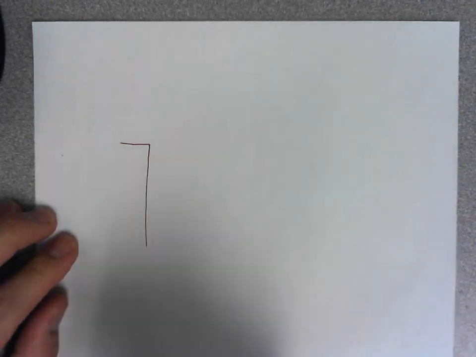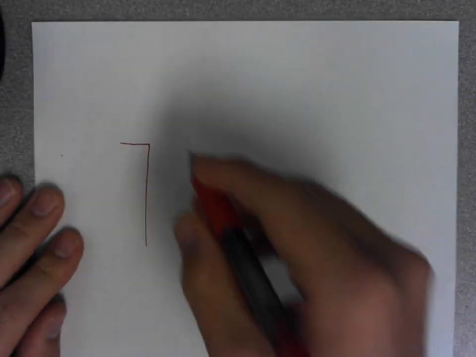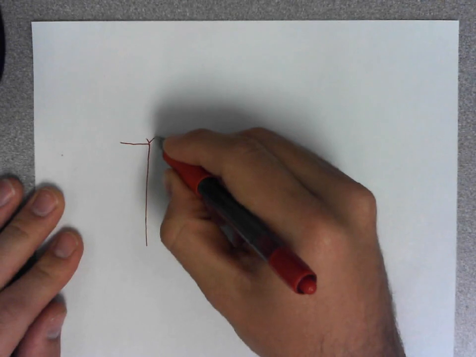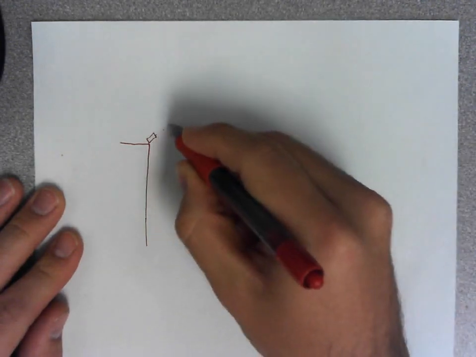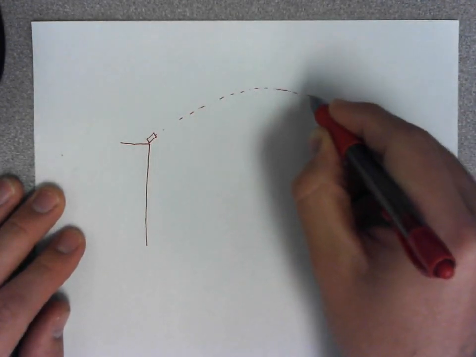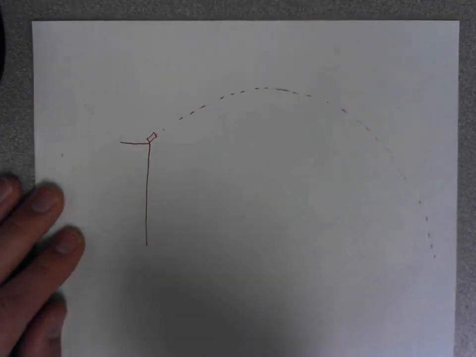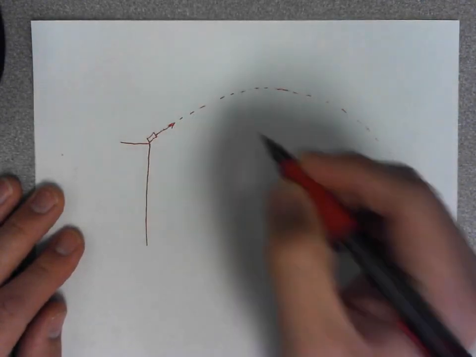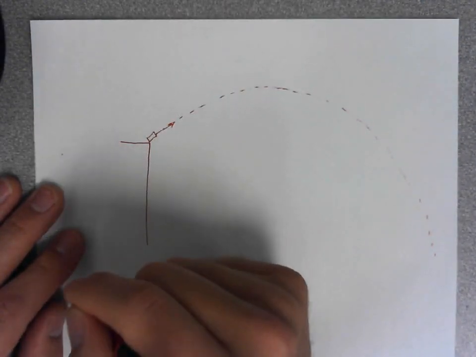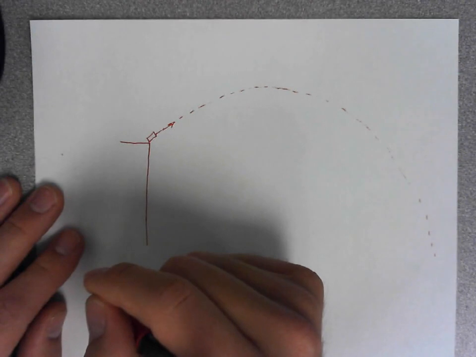Let's say you've got a cliff. Let's say you have a cannon or something, and it's going to shoot an object up at an angle at some velocity. So let's just give us some random numbers here.